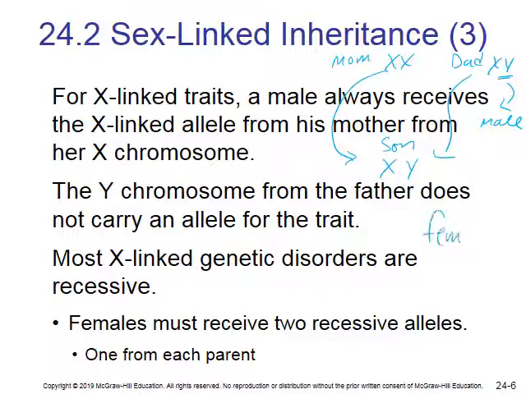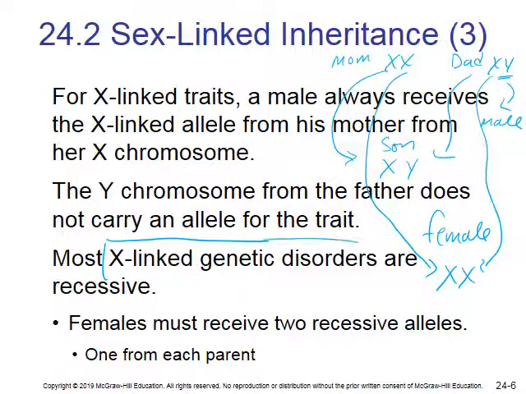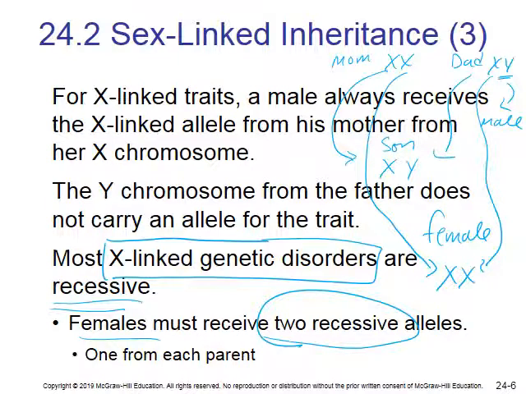If you're a female child, you got an X from your mom, and you got the other X from your dad. So we're going to look at some X-linked genetic disorders. They're always recessive, and the females must have 2 copies to be affected, where the males only have to have 1 copy.